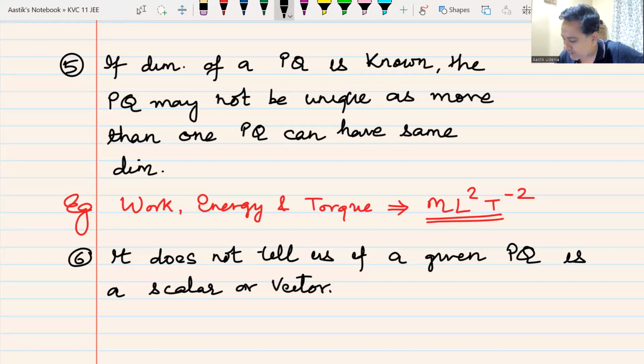So looking at the dimension of a physical quantity, we will not know what quantity that is. That is point number 5. We will definitely also not know whether it's a scalar or vector. It has got nothing to do with the direction of that quantity. It just tells us what fundamental quantities are present there. That's it. That's the only use that we must understand.